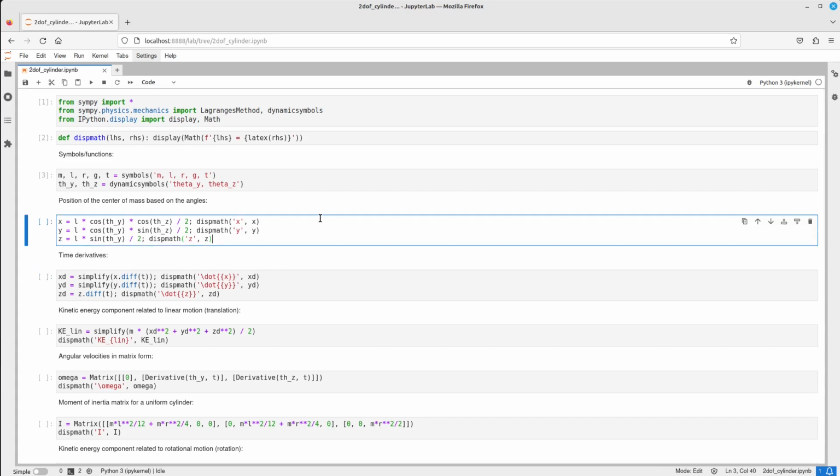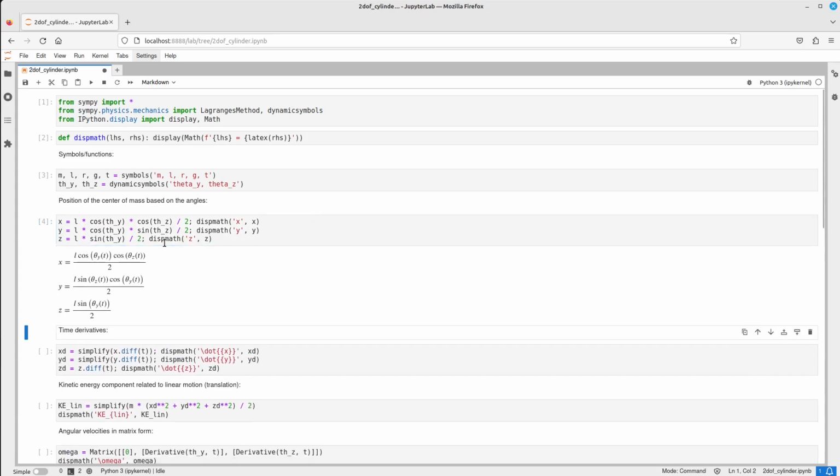So let's run this and display the results in a nicer form. Okay, so this is what it looks like. We have 3 coordinates, so we have to account for that.